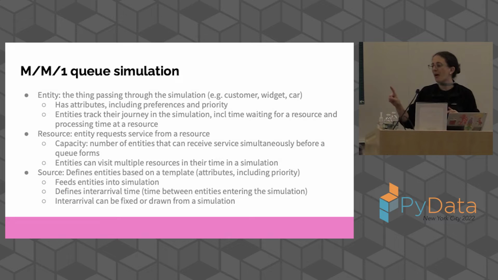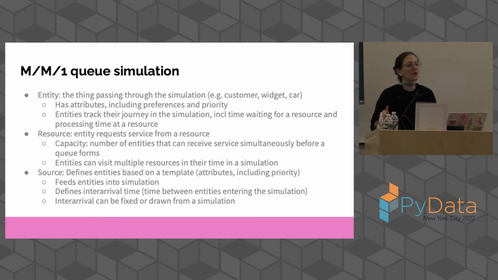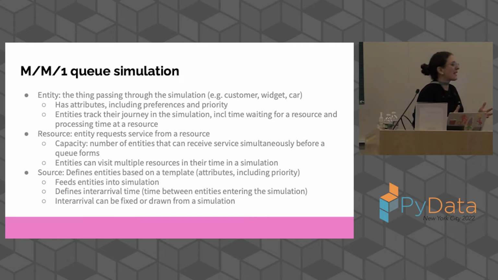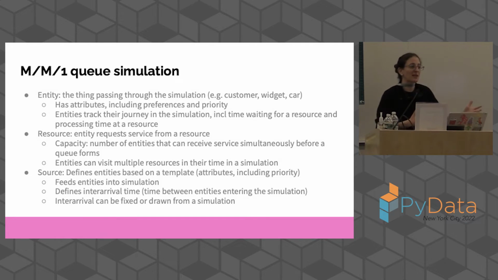So we'll set a priority in our code. Maybe we have VIP customers and normal customers, or maybe in our grocery store we have a line specifically for people who have 10 items or fewer, and they get to go into a priority queue. That would be one of the attributes of the entity.